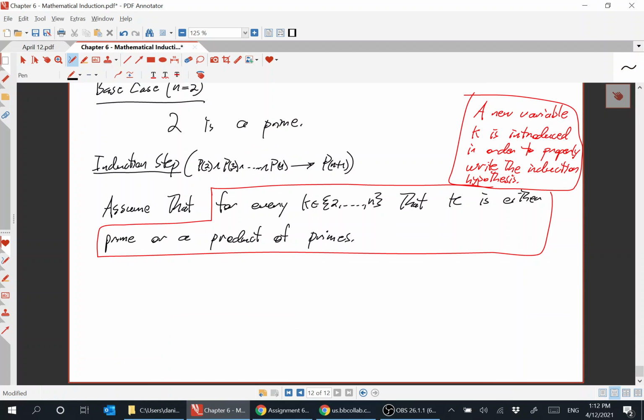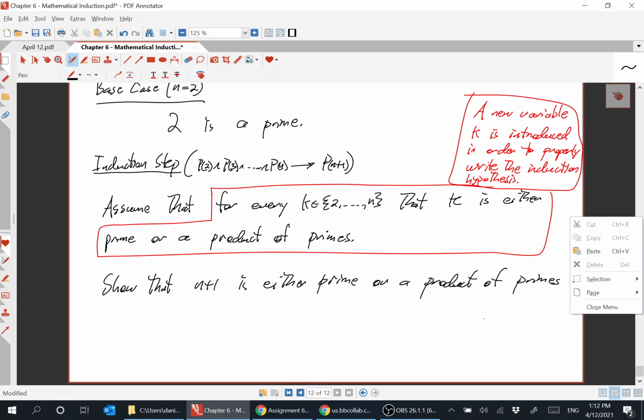And now, what is the target conclusion? Show that n plus 1 is either prime or a product of primes.